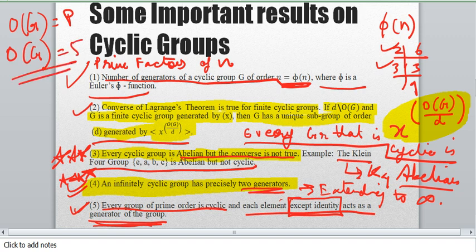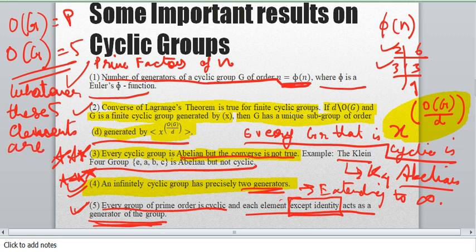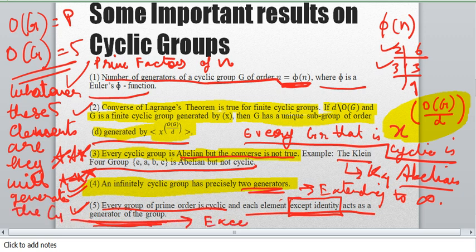That means there are 5 elements in the group, and whatever these 5 elements are, they will generate the group, except the identity element.